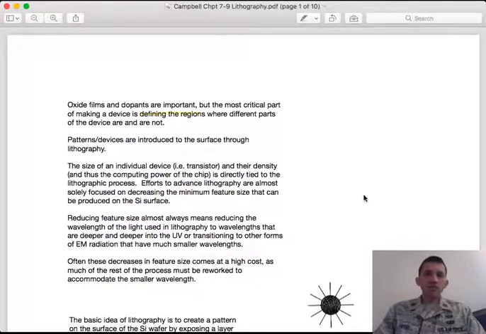Instead, I'm more focused on the general principles and concepts, and also what the limitations are. As new innovations are coming online, they are focused on overcoming certain challenges. And that's part of what I'm going to be focusing on, the basic physics and science involved with how the process works and how you improve it, not necessarily what the most up-to-date feature size is or the details of the most state-of-the-art technique.